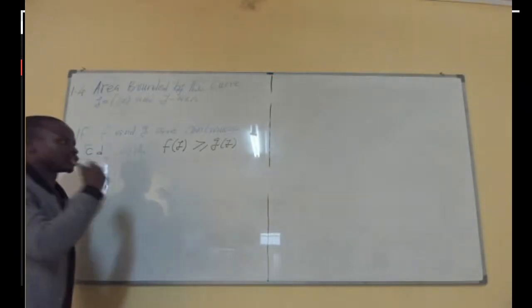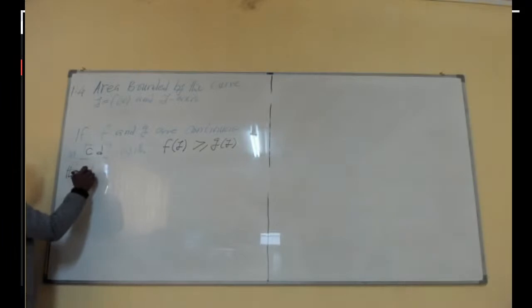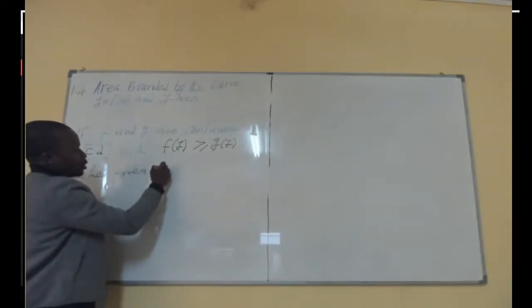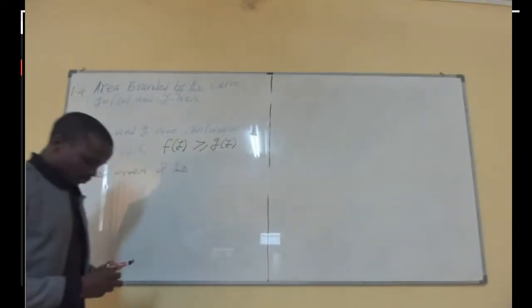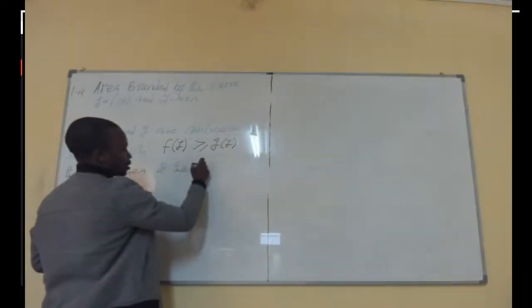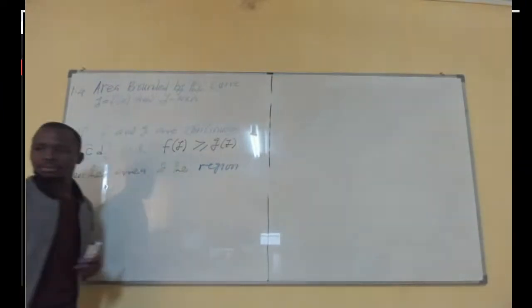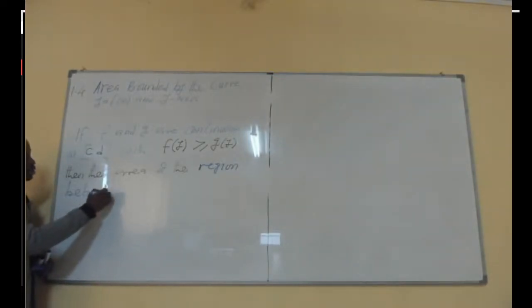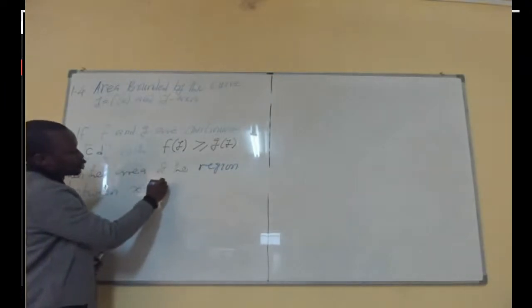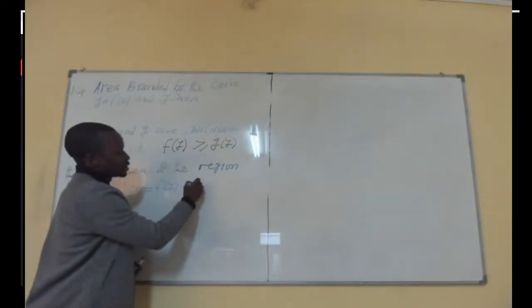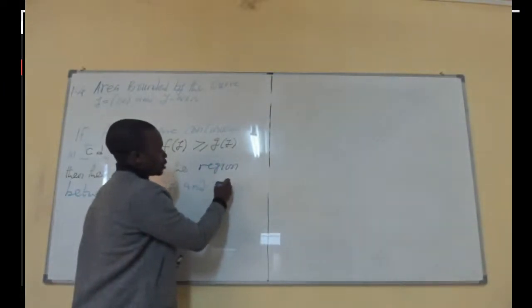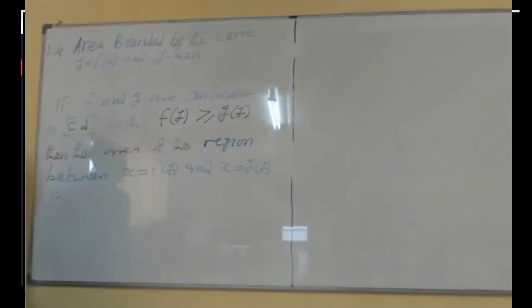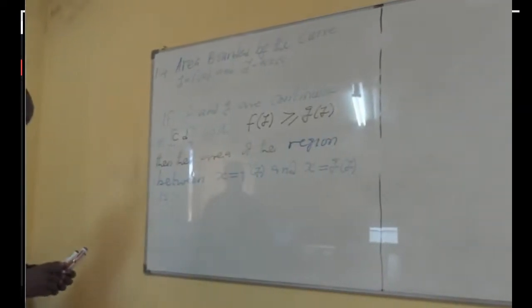Then the area of the region between x equal to f of y and x equal to g of y is given by, now remember the parabolas and hyperbolas, right?